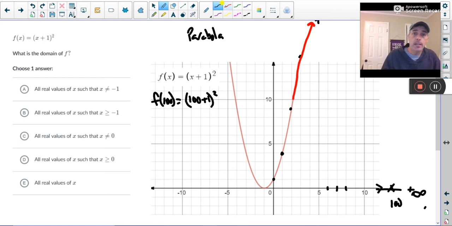Likewise, in the negative direction, is there a value of the output at negative 5? Well, I don't see it, but I can predict it's going to be right about there. And at negative 6, it's going to be right around there somewhere. And in fact, everything out to negative infinity is going to have an output that is a real number.